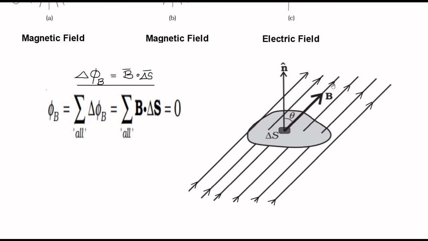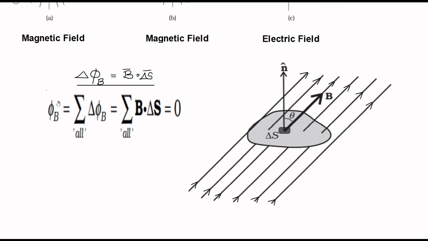Hence, the component of magnetic field along the area vector is B cos theta, or the magnetic flux through the elementary segment is represented by delta phi B, which is equal to B cos theta into delta S, which is B dot delta S. So what is the magnetic flux through the entire surface?